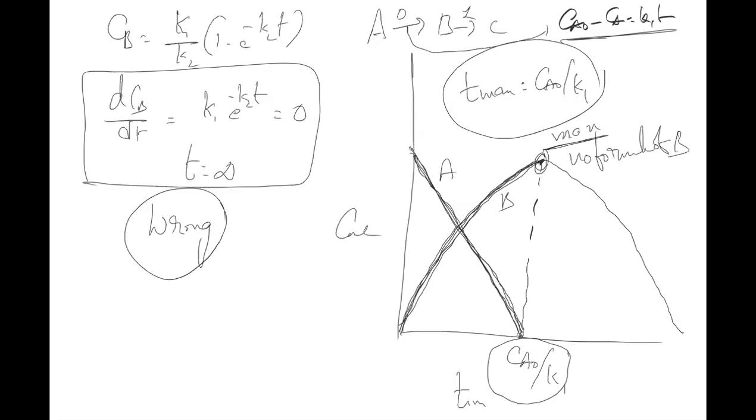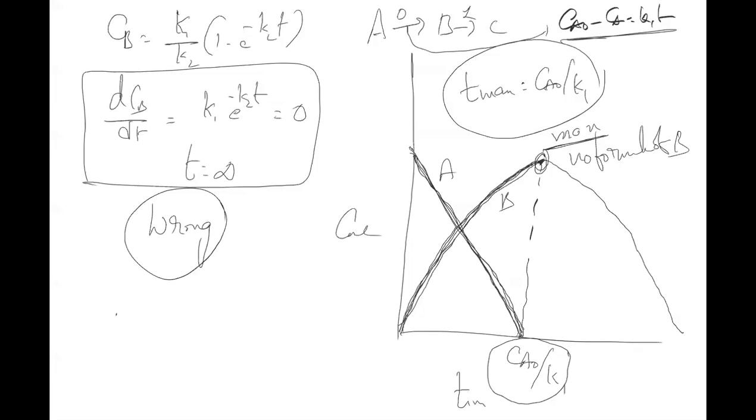Then you should have the doubt: why are you not getting t max as CA naught by K1 from this differentiation? Just think about this one.